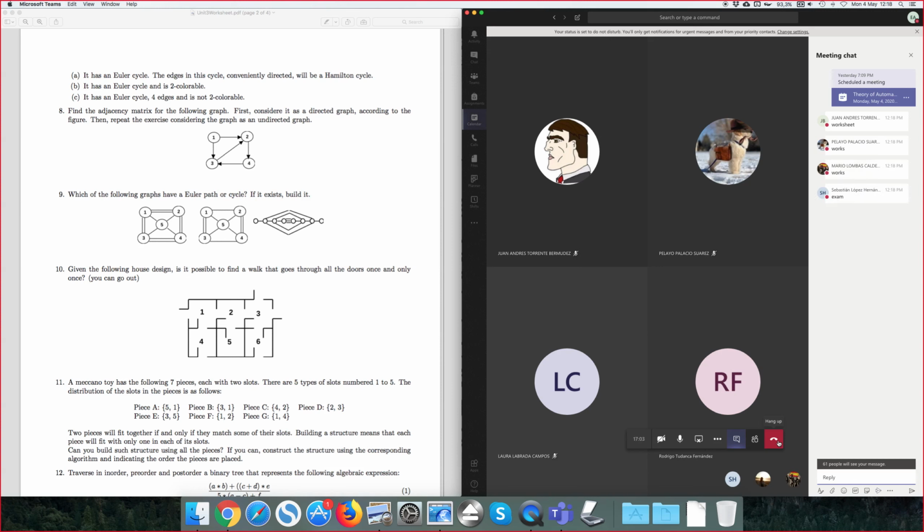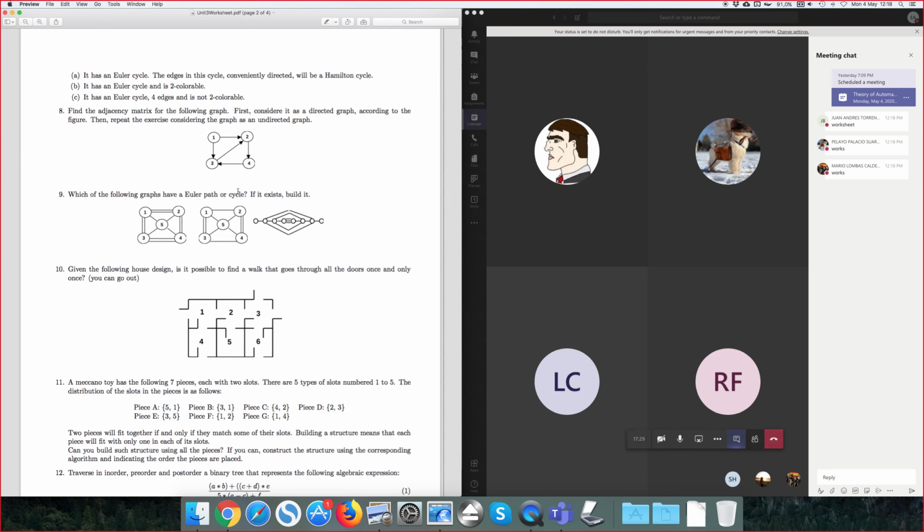Okay, 3 to 1. Sorry, Sebastian is changing. There are more people here. Any other vote? Well, so 3 to 1 or 3-0 for worksheet.